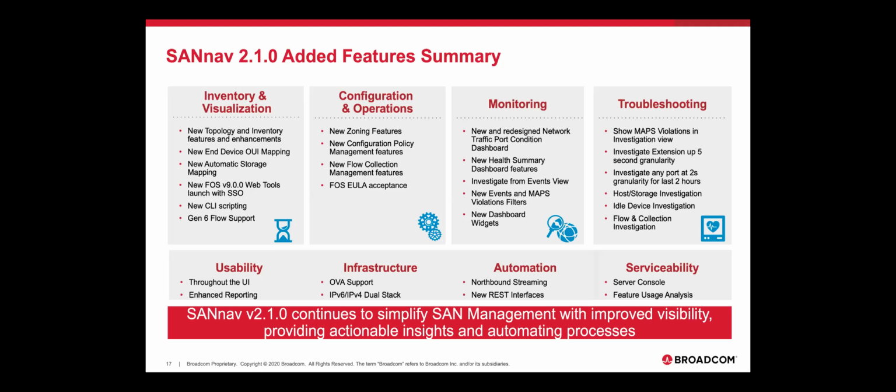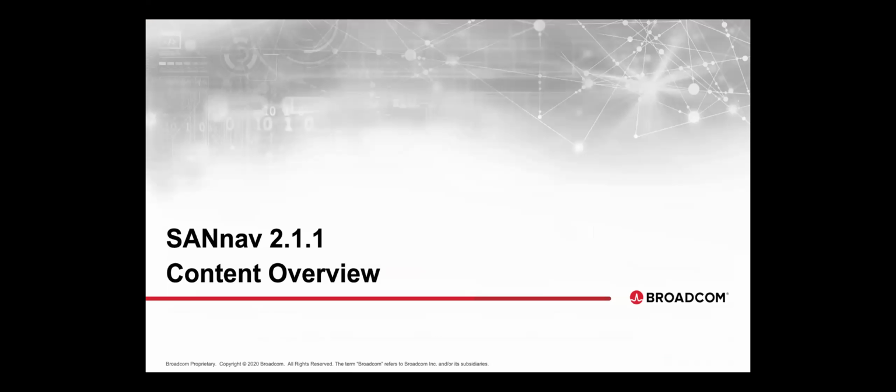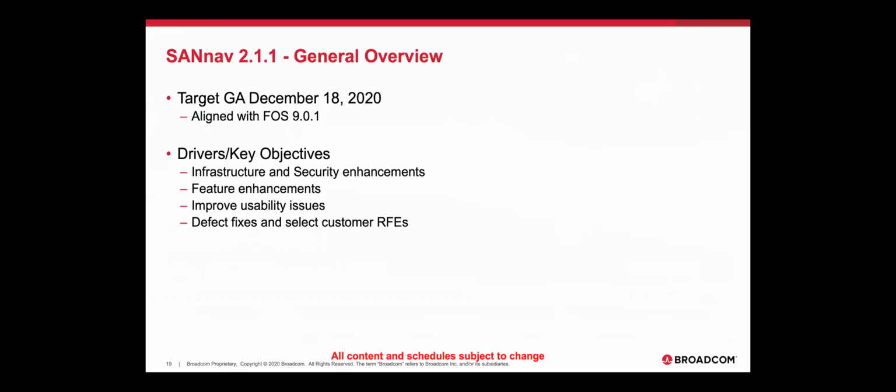That's for 2.1.0. I'm trying to stick to time here. So I'm going to move on to 2.1.1 and give you a very brief overview. As I explained, our 2.1.1 release is going to be GA in exactly 10 days from today. It will be aligned with FOS 9.0.1. The drivers are to add some enhancements on infrastructure and security that have been requested by many customers.